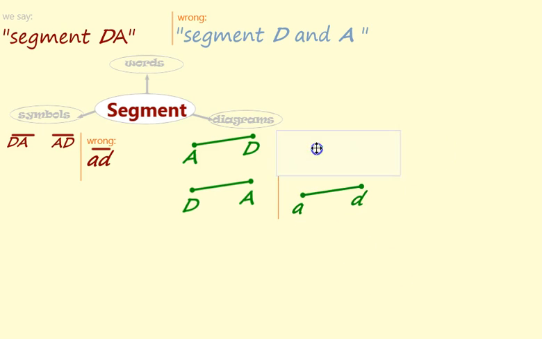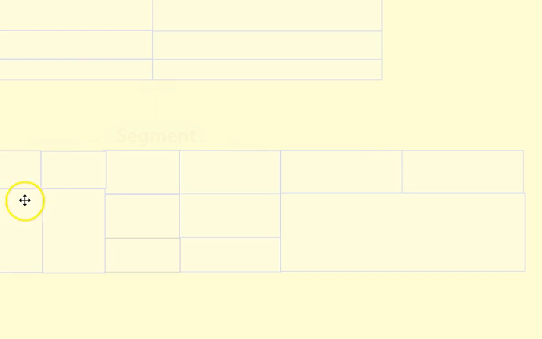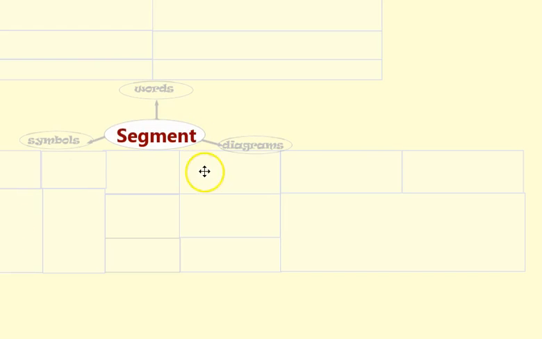It would be also wrong to have your diagram without dots for A and D. And for a high school situation, of course, your diagrams will be more interesting. So in this case, we work with the segment A, C, D, which I could name as D, C, A.